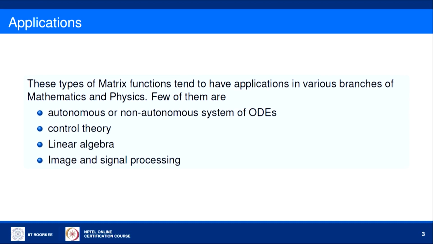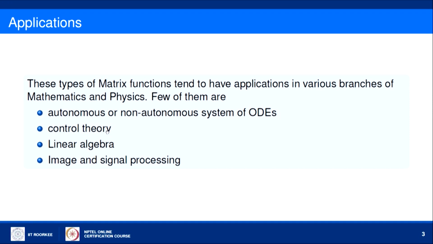Now why do we evaluate the matrix functions? We have several applications of matrix functions, especially in mathematics and physics. A few of them I have listed here, like autonomous or non-autonomous systems of ordinary differential equations.